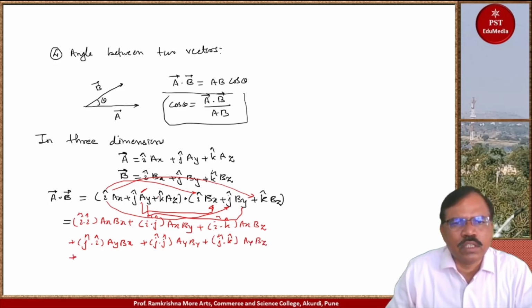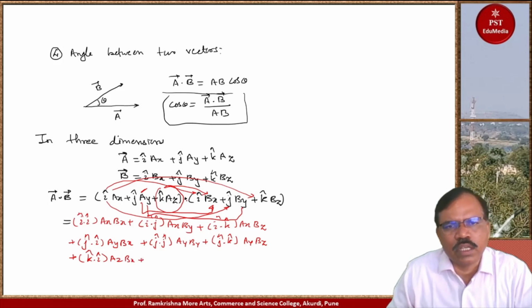Plus now the third one, start from the third one with the first one. So you'll get what? K dot I Az Bx plus now the third one and second one. So we'll get K dot J Az By plus K dot K Az Bz.